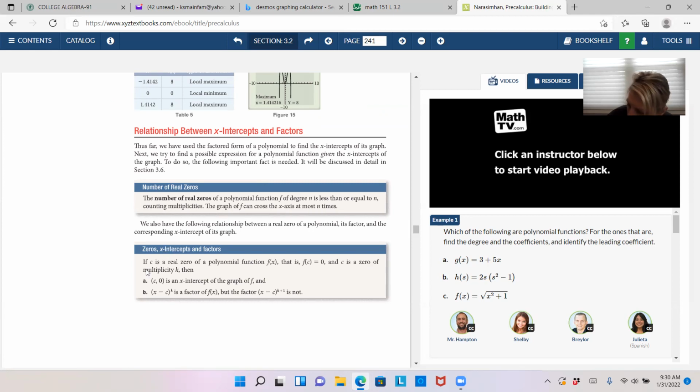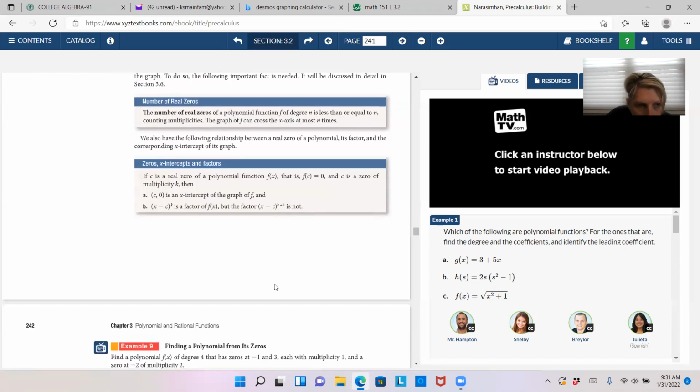Okay, so if c is a real zero of a polynomial, that is the function of c is equal to 0 and c is a zero of multiplicity k, then we know that c comma 0 is an x-intercept of the graph and x minus c to the k is a factor of f of x, but the factor x minus c to the k plus 1 is not.